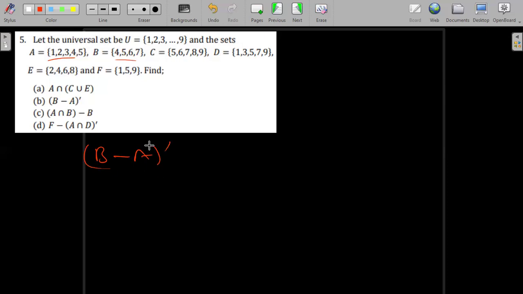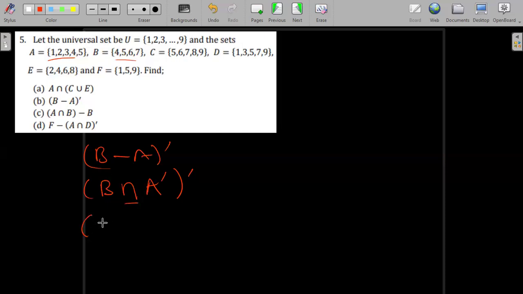complement like that. So I can write what is inside as B. Then this set difference can be written intersect A complement, and there will be a complement outside. So distributing this complement, this sign here always changes.